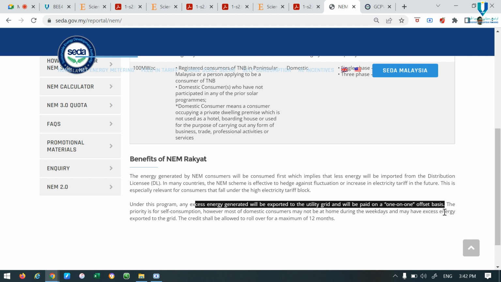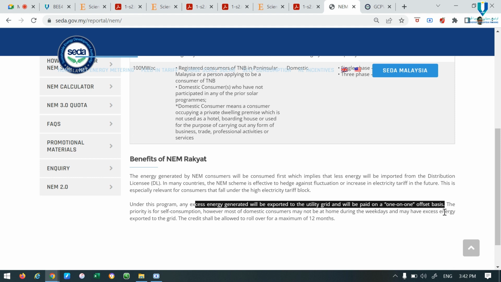For the first 200 kilowatt hours you pay, I think maybe 28 cents, for example, and then the next 100 kilowatt hours maybe 33 or 38, I forgot, and then after that, more than 300 kilowatt hours, you start to pay 55 cents per kilowatt hour, for example.